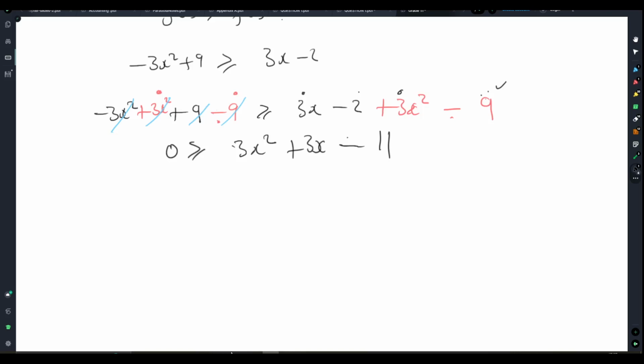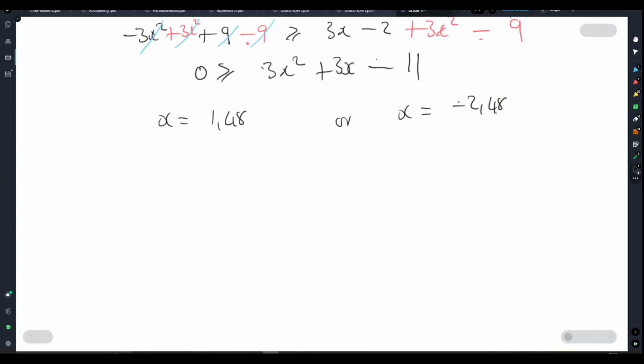You can also use the quadratic formula. You're also going to see that x is equal to the critical value 1.48, or x is equal to minus 2.48. Now guys, listen to me. When you work with inequalities, look at this equation.